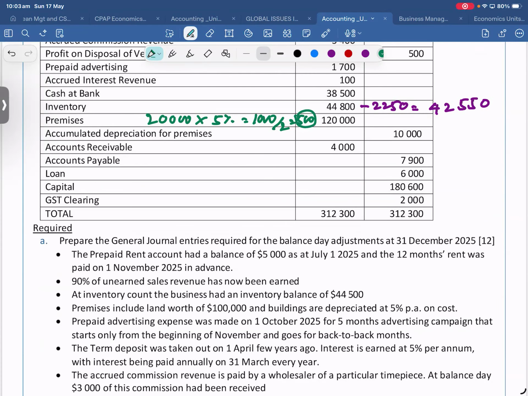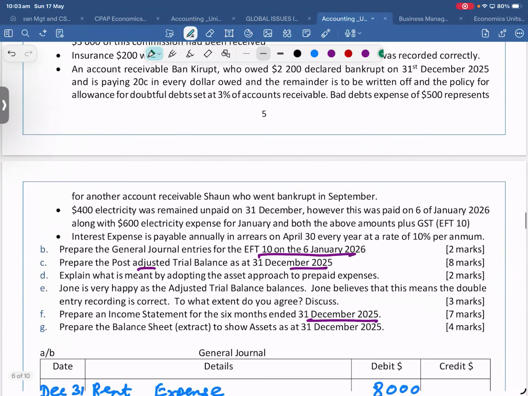Make sense? Right. So what's the double entry for 500? Double entry for 500 depreciation. Just remember the double entry for depreciation. Kishore?